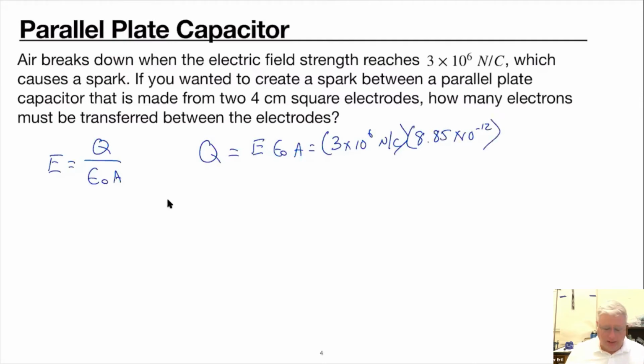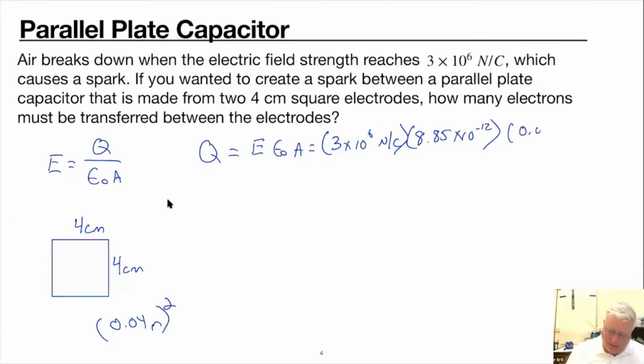And then the area. We have a parallel plate made up of two 4-centimeter square electrodes, so these are square electrodes, 4 centimeters on each side. So the area would just be, if we put it in meters, 0.04 meters, squared, and that gives us 0.0016 meters squared.